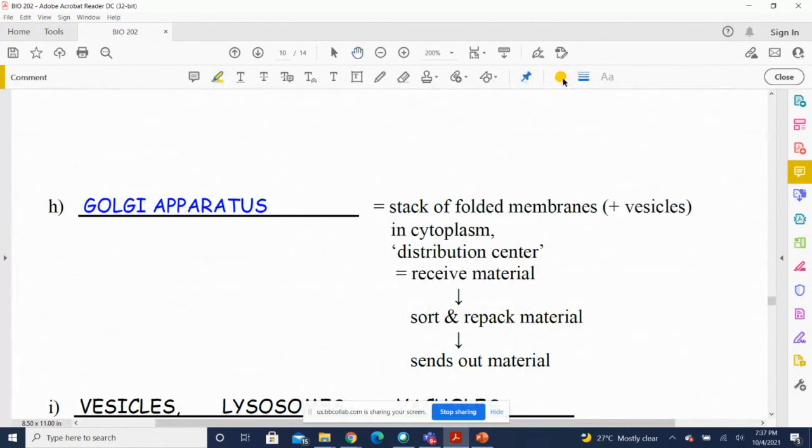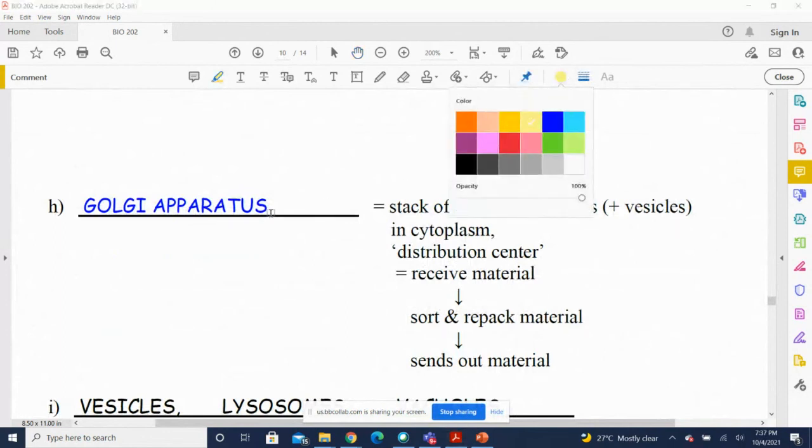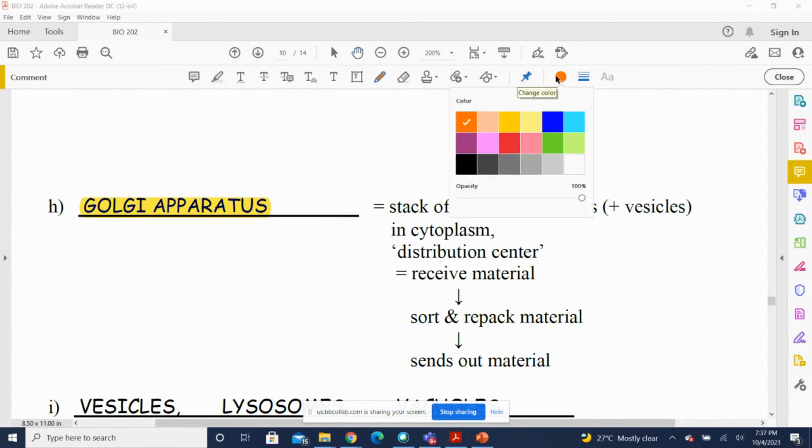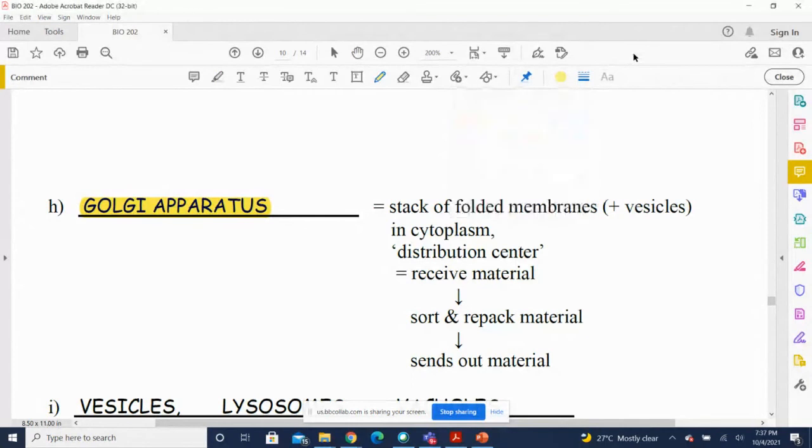The next structure that I want to talk about real fast is our Golgi apparatus. I described the Golgi apparatus almost like a distribution center of a cell. It is where we receive many types of materials in vesicles. They come to this structure in these vesicles inside these membranes.